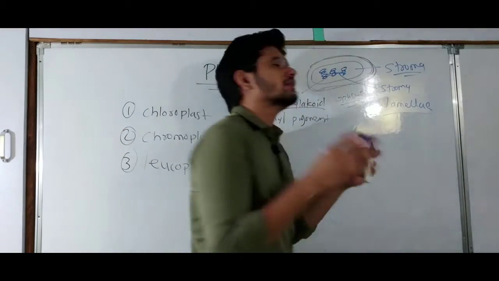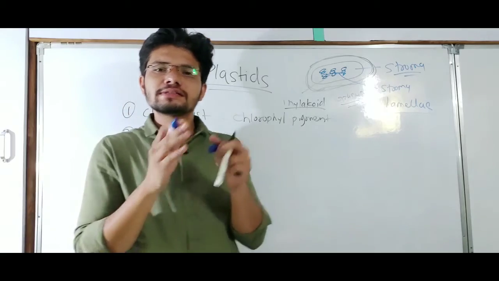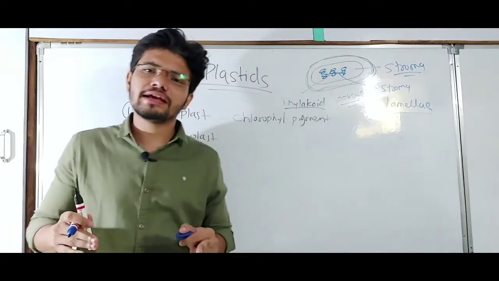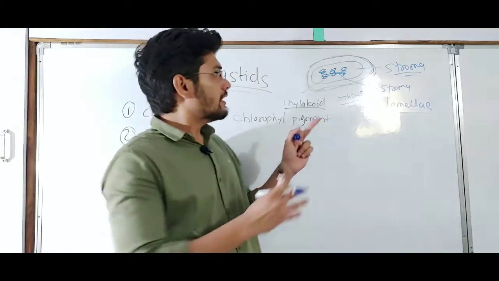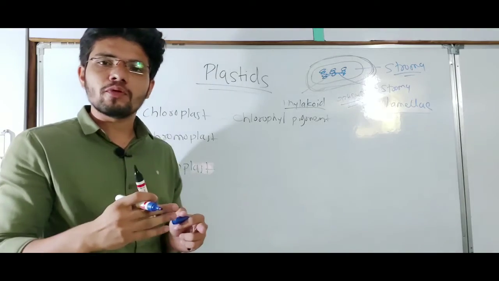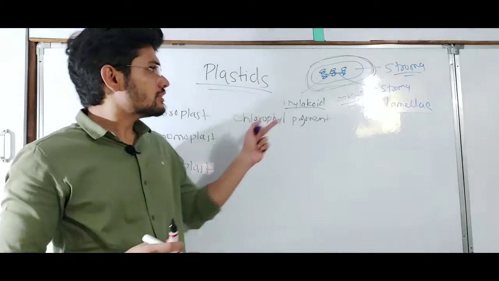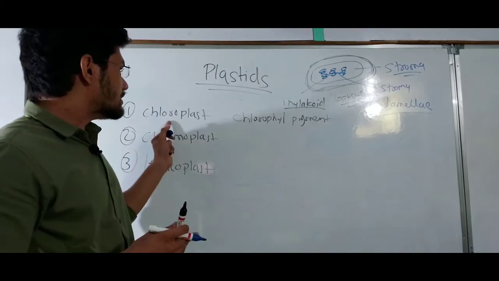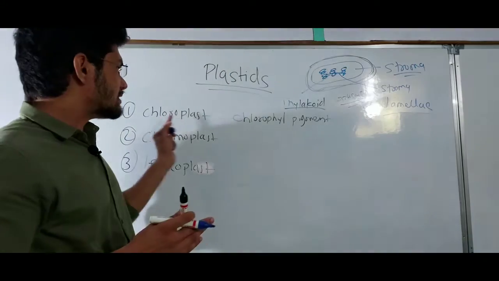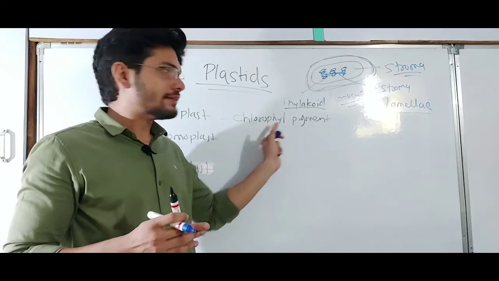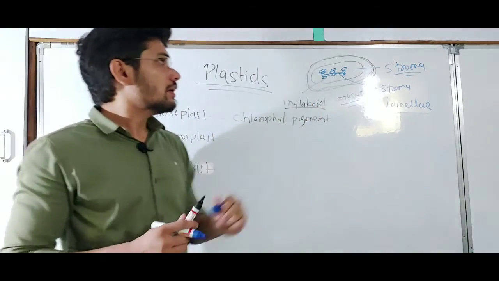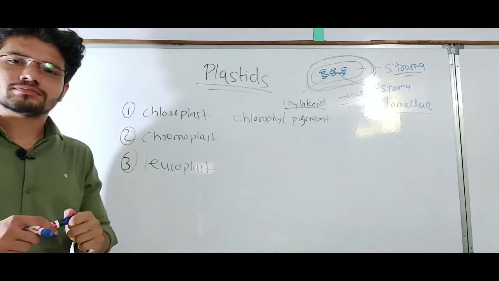We know that in the stroma the dark reaction is going on, and in the grana the light reaction is going on. That's why it all works together to form carbohydrates or sugars. So this was all about chloroplast. Let's revise in a sentence that chloroplast contains chlorophyll pigment, thylakoids and these grana.